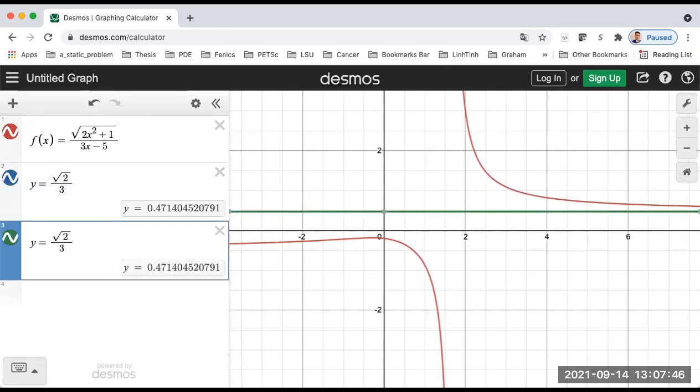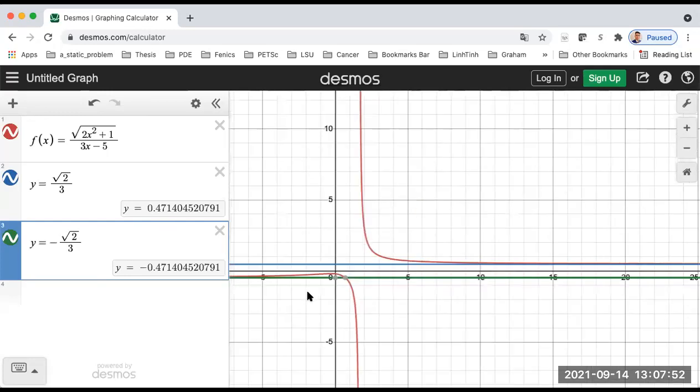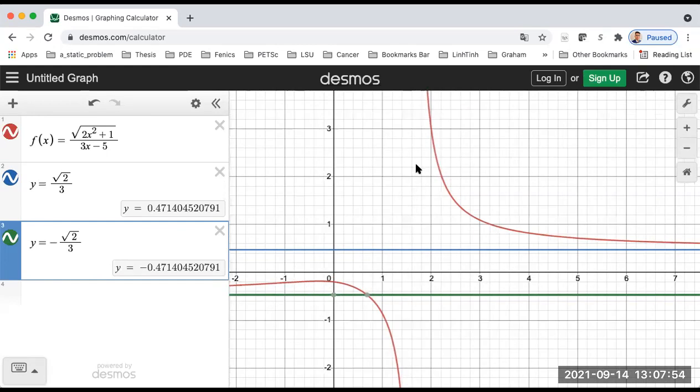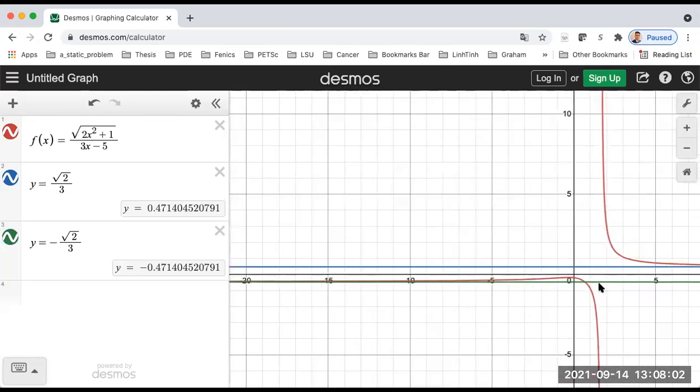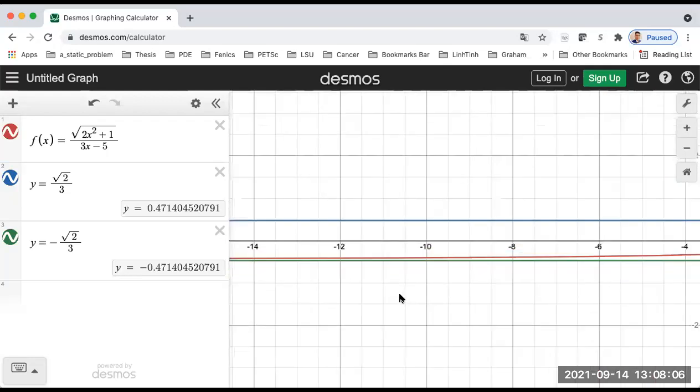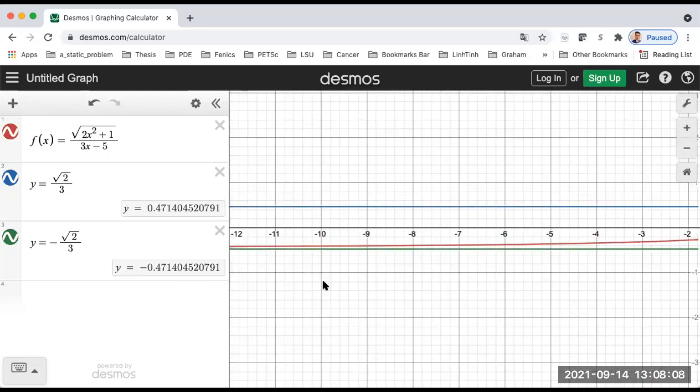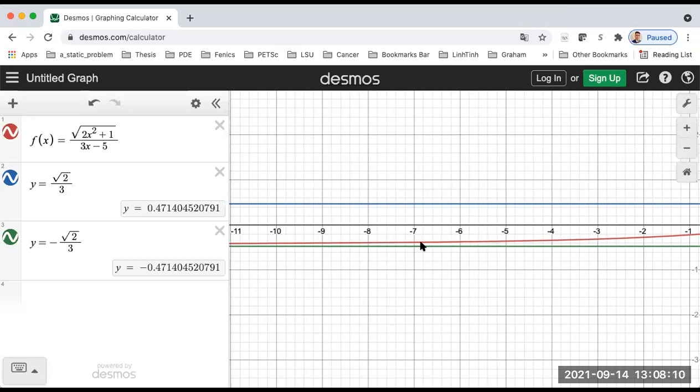And the second horizontal asymptote is very interesting here, right? Our graph on the right range is above the square root of 2/3, but in the left range it converges to negative square root of 2/3, but above this line.